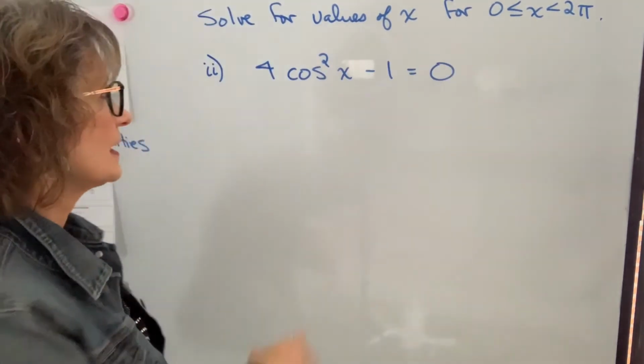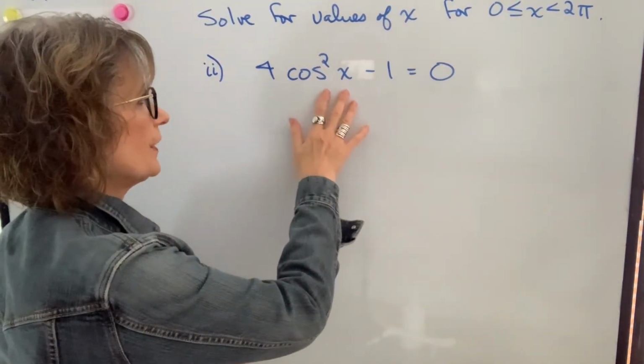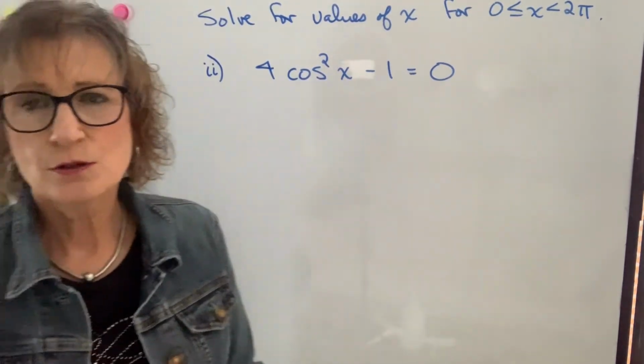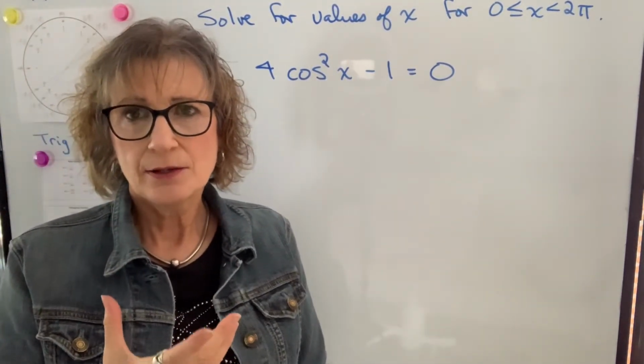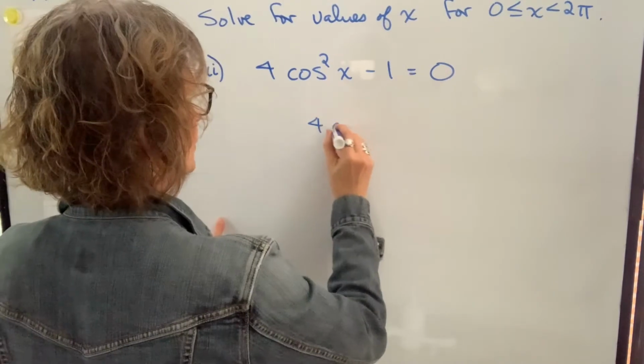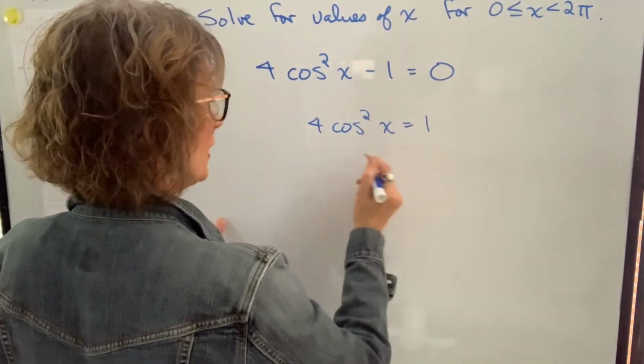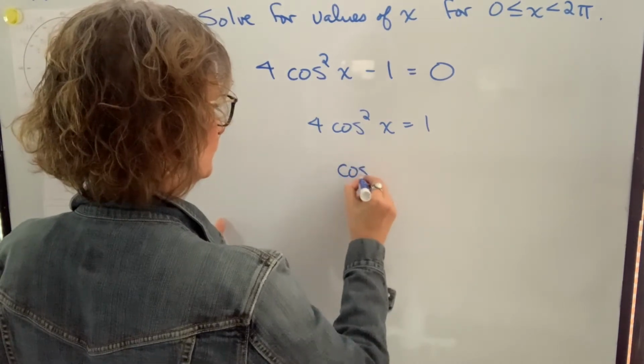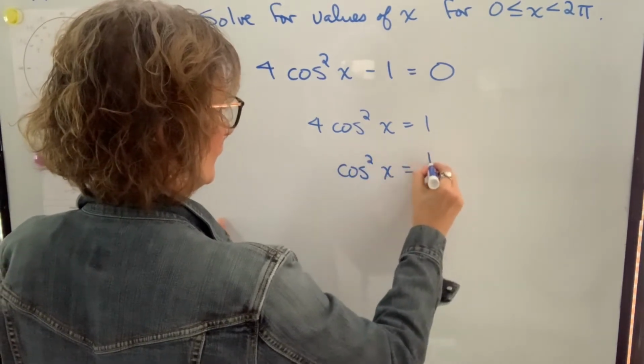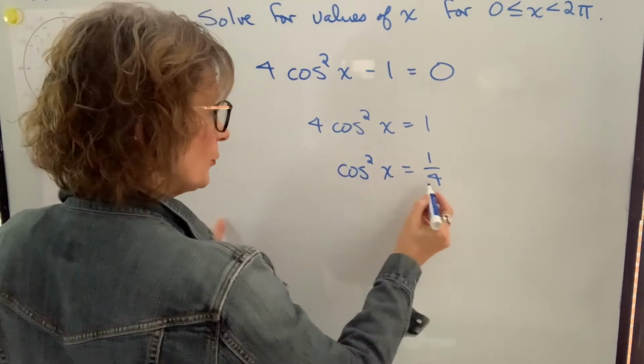Okay, my next example has 4 times cos squared of x minus 1 equals 0. So again, we can isolate our cos squared term. So 4 times cos squared of x equals 1. Now I'm going to divide by 4. Then I'm going to take the square root.